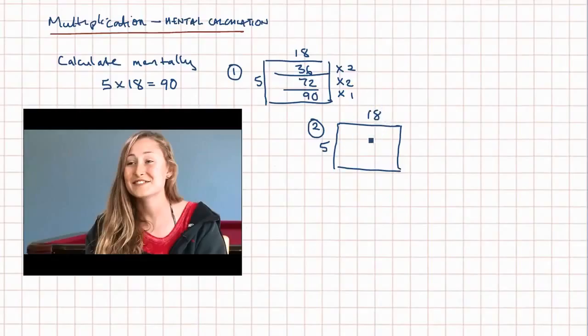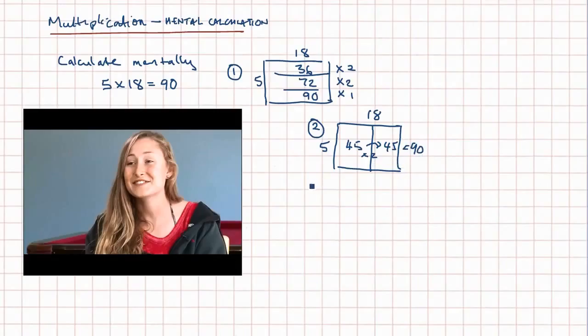So decomposing the number is a really good strategy, and one of the students said, well, I can cut it in half, so I've got 9 here, so 5 times 9 is 45, and I've got 9 here, so 5 times 9, 45. I've doubled, in other words, times 2, to get to the answer, a total of 90.